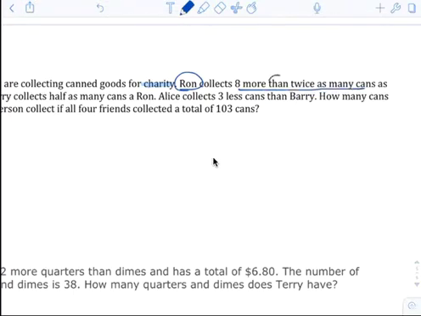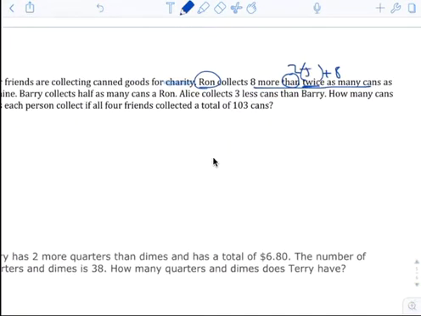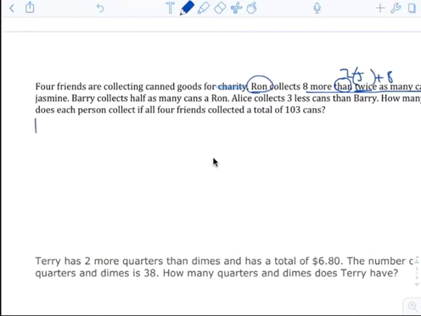Ron collects 8 more than, so plus 8, twice, 2 times as many cans as who? Jasmine. So Ron is equal to 2 times Jasmine plus 8.